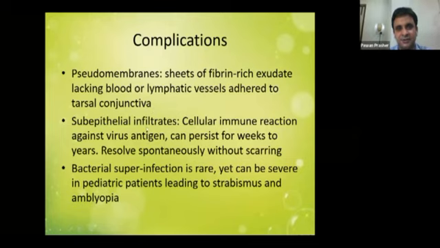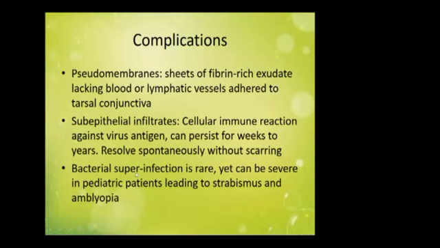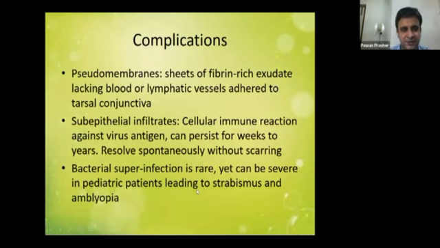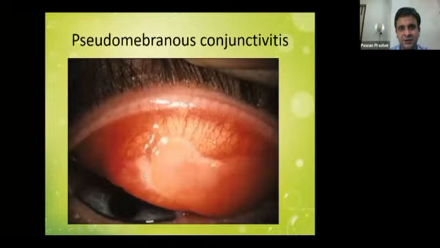Another is subepithelial infiltrates, which are basically aggregates of immune reaction against virus antigens, and can persist from weeks to years. Usually they resolve without scarring, but we must be able to pick up and counsel the patient appropriately. Bacterial superinfection is rare. It can be severe in pediatric patients, and then you have to treat accordingly.